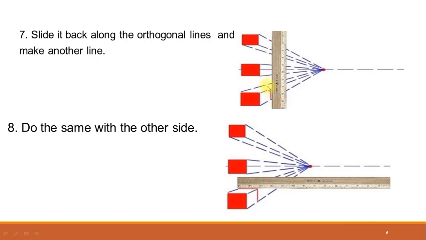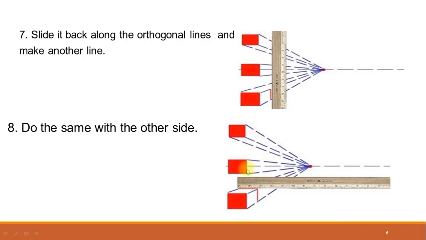Similarly, draw a line to touch these two orthogonal lines. Do the same with the other sides, like this is the other side of this square. Draw a line which touches these two orthogonal lines, and draw a line to touch these two orthogonal lines.